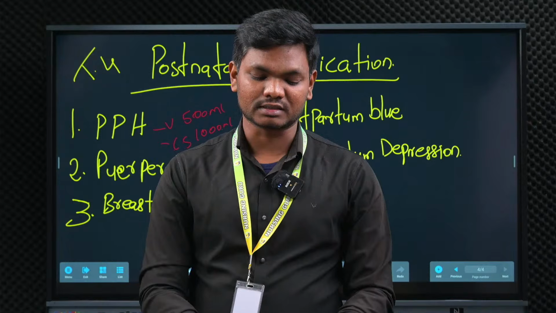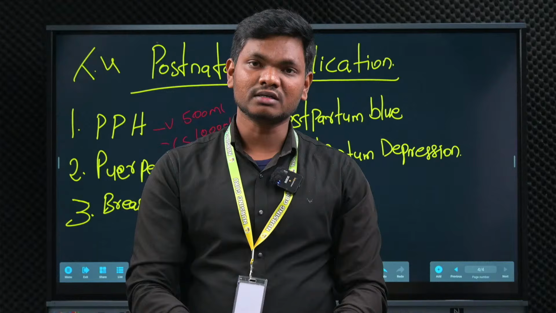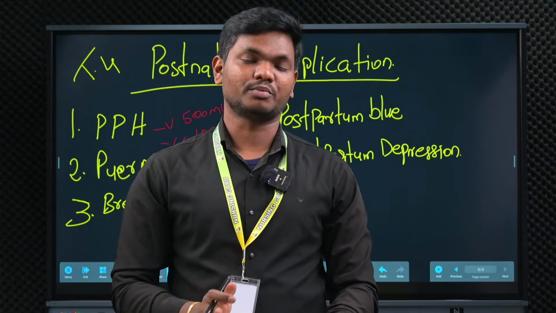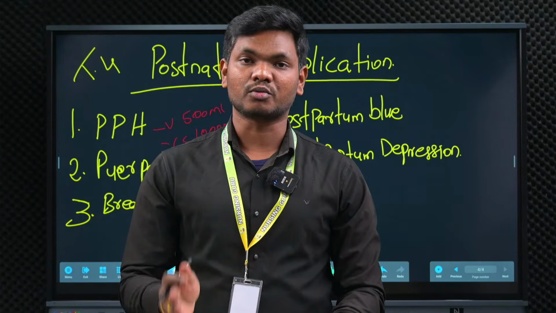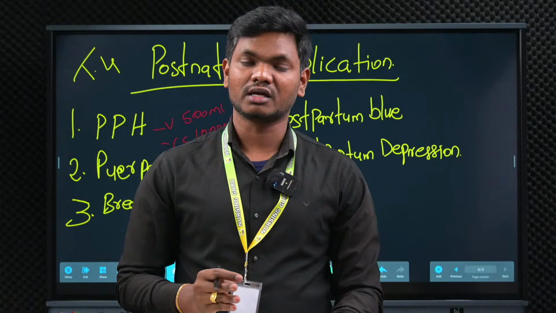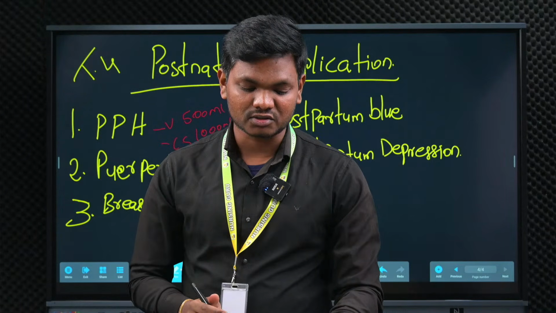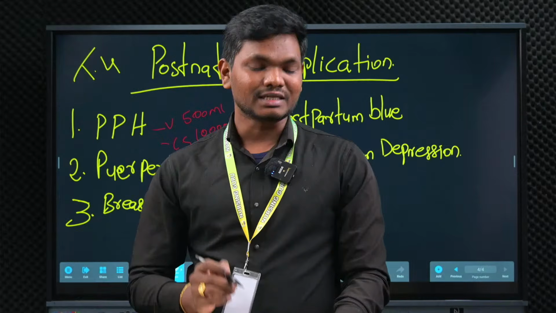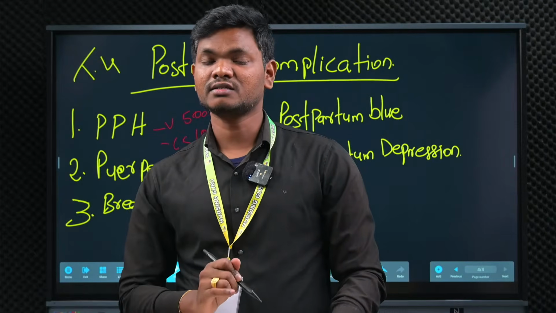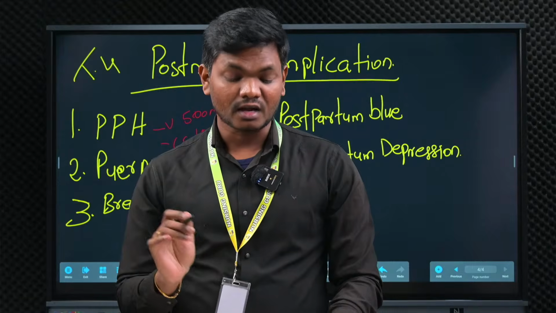The next one is the diagnosis. The diagnosis is made by observation. The bleeding will be there, so the amount of blood loss should be identified. After delivery you have to maintain the input output chart, and through that chart we will identify that the mother is having excessive bleeding. So check the amount of blood loss and vital signs, because an increased pulse rate and decreased blood pressure help identify the condition.